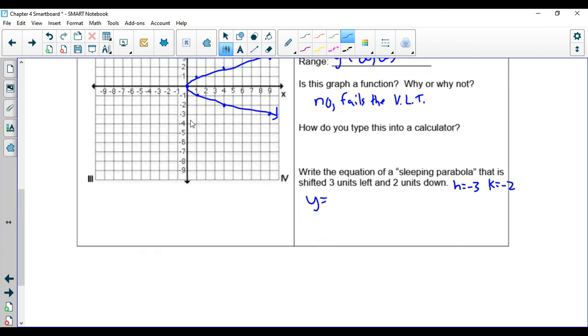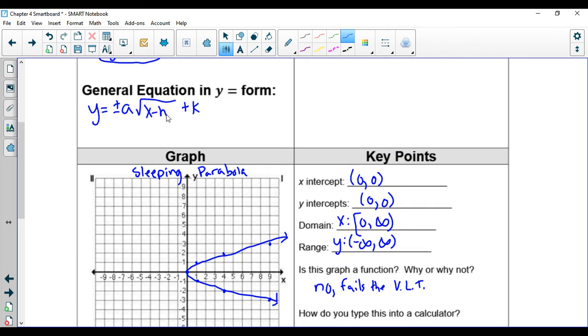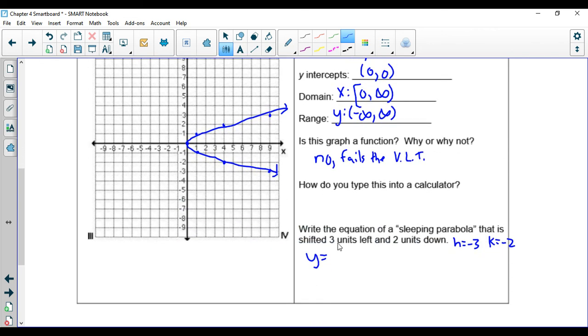And then I can just plug them into my graphing equation right here. So I would have plus or minus. The a, it doesn't say anything about flip, stretch, or compress. So I'm just going to leave it as 1, really. So plus or minus the square root of x, and it's minus a negative 3. So it would be plus 3, and then my k is negative 2.